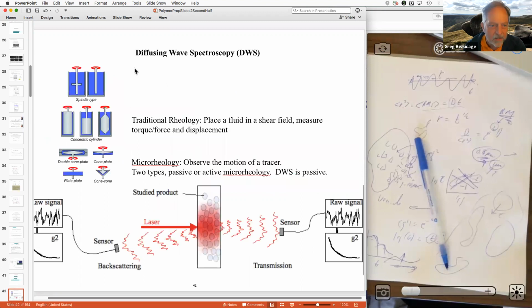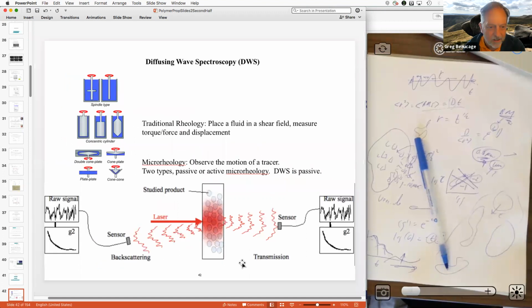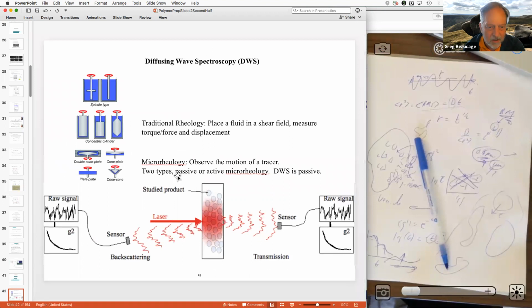Anyway, there are other techniques that have kind of ridden off of this, and one is called microrheology. With traditional rheology, you have Couette viscometers, which you use in the lab to look at solution samples.